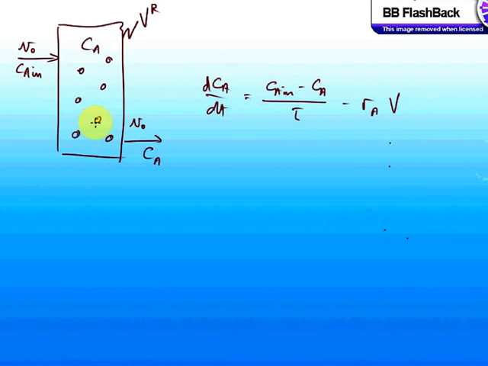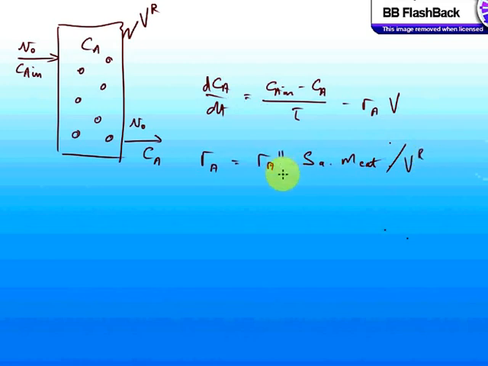We determined from the last one that RA is equal to RA double dash times SA times MCAT divided by the reactor volume.